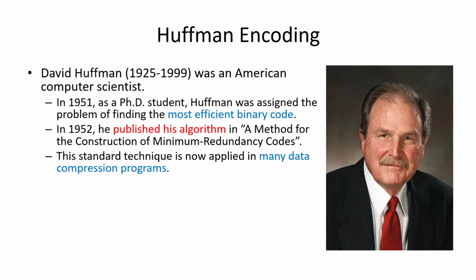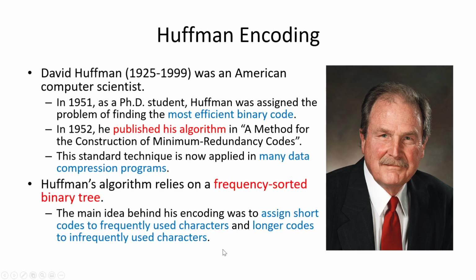But as he was doing that, he thought, well, maybe if I put the codes into a binary tree structure, that might help me minimize the codes for, importantly, the most frequent characters. So in fact, his algorithm relies on something called a frequency sorted binary tree. That's what we're going to look at next. And he uses it to assign short codes to characters that we use a lot, and long codes to infrequently used characters.